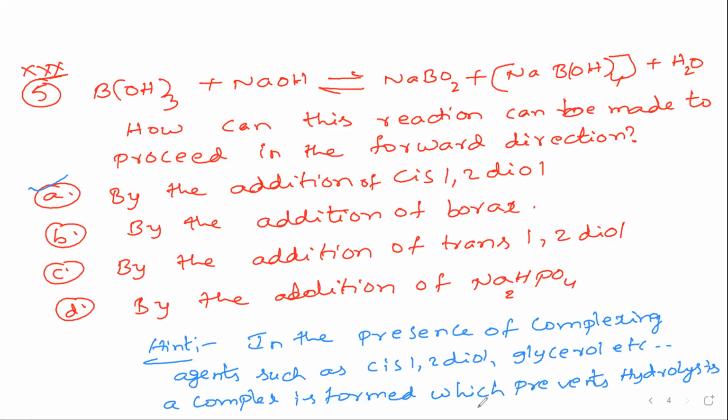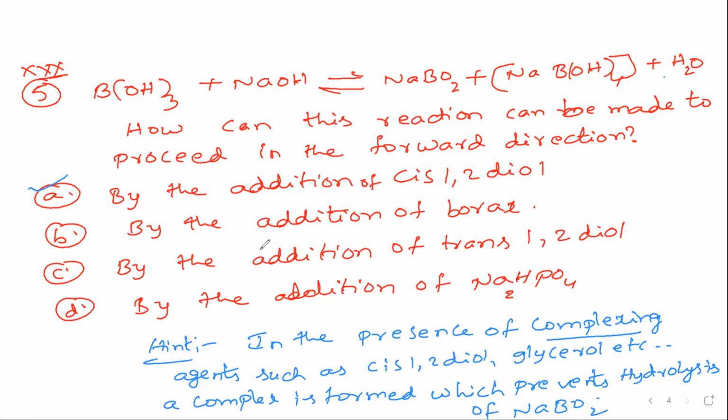So by the addition of cis 1,2 diol or glycerol or catechol, etc., a complex is formed which prevents the hydrolysis of NaBO2. So the backward reaction can be prevented by adding a suitable complexing agent. This question is very, very important. It has come in IIT Advanced 2005. That's why it is very, very important. Please make a note of it.